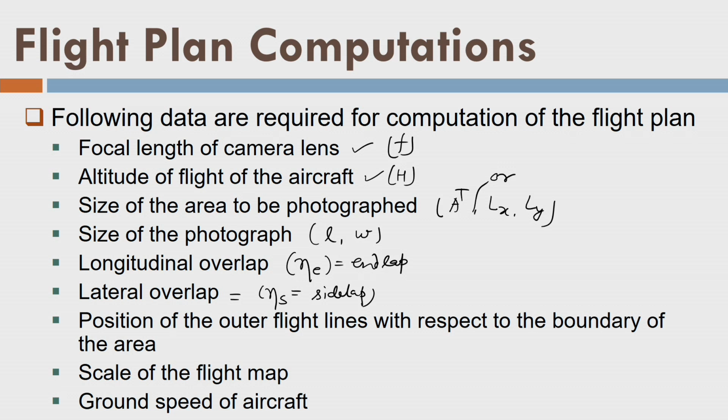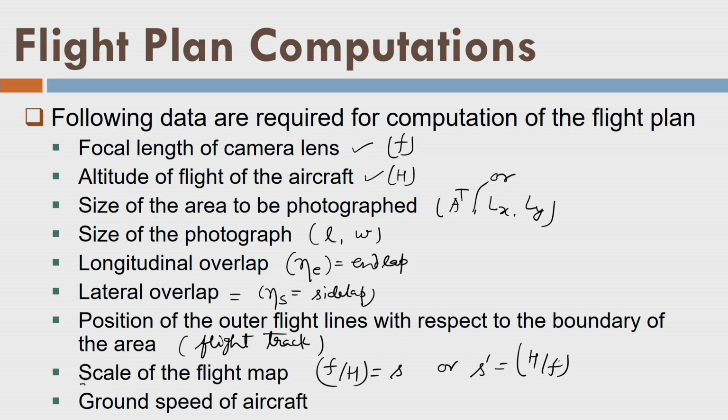Fine. So, what is a flight track basically? Scale of the flight map, anyhow I will calculate it, f by h equal to s, or s dash as my h by f.